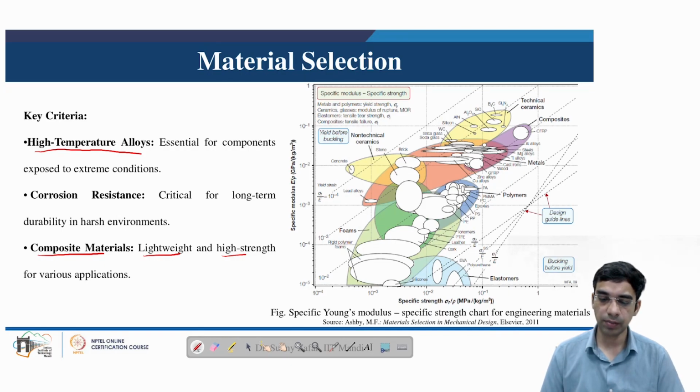Based on certain properties, one of the examples shown here is specific modulus, which is mapped with the specific strength, and then how different materials like foams, non-technical ceramics, technical ceramics, composites, metals, and polymers are placed relative to each other. By looking at such charts, it becomes very easy to select the appropriate material.